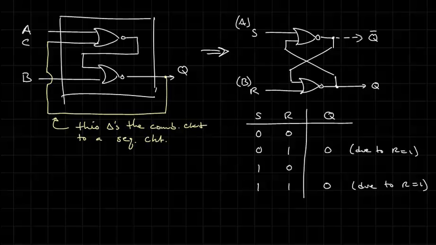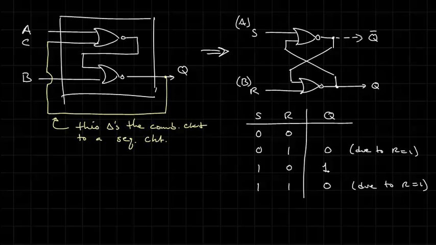And because R is also at 0 at this point, we have the condition that if S is 1 and R is 0, then we're going to have 0 at both inputs of the NOR gate, and therefore we have a 1 at the output. So we'll write Q is then going to be equal to 1.